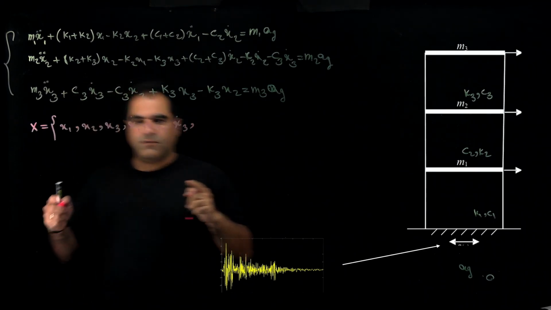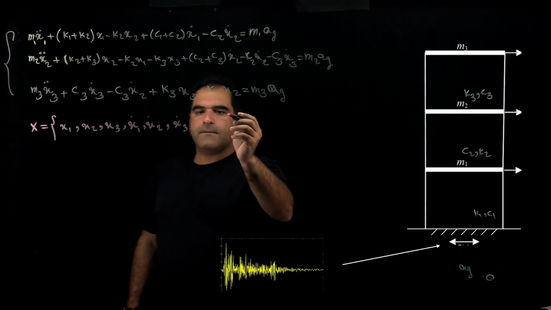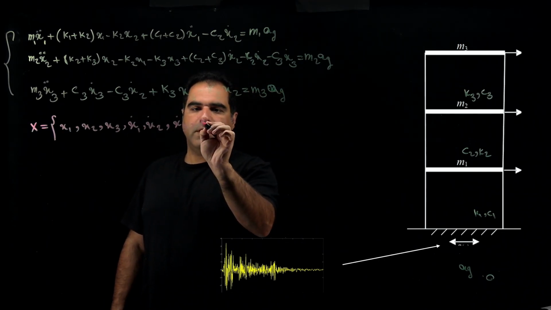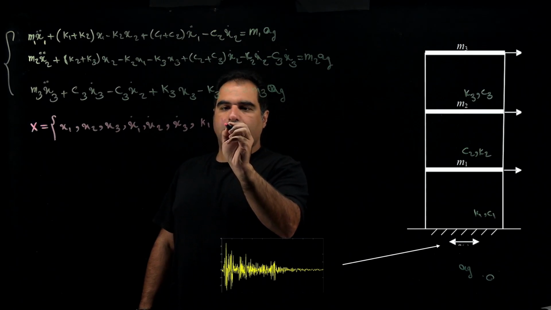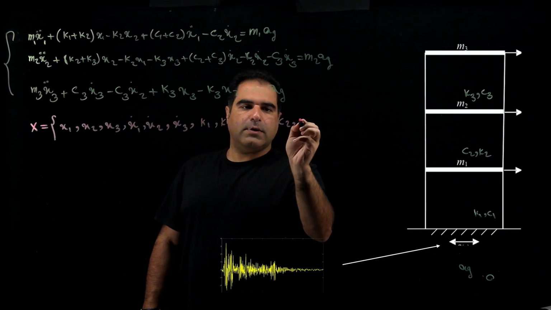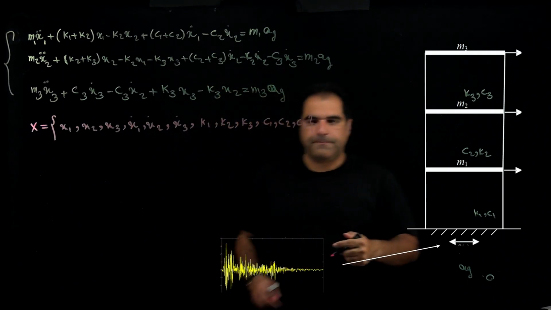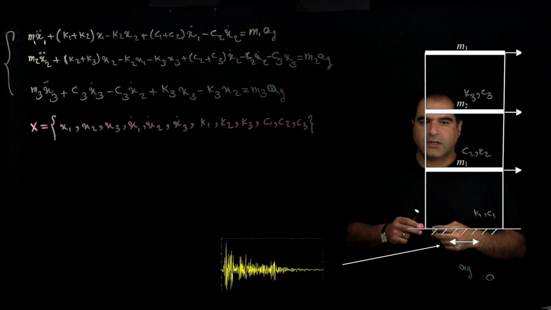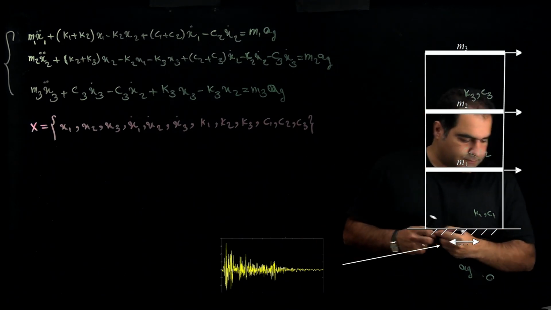I'm looking for these 6 states, and also I'm looking for K1, K2, K3, C1, C2, and C3. These are the states and parameters I'm looking to identify.